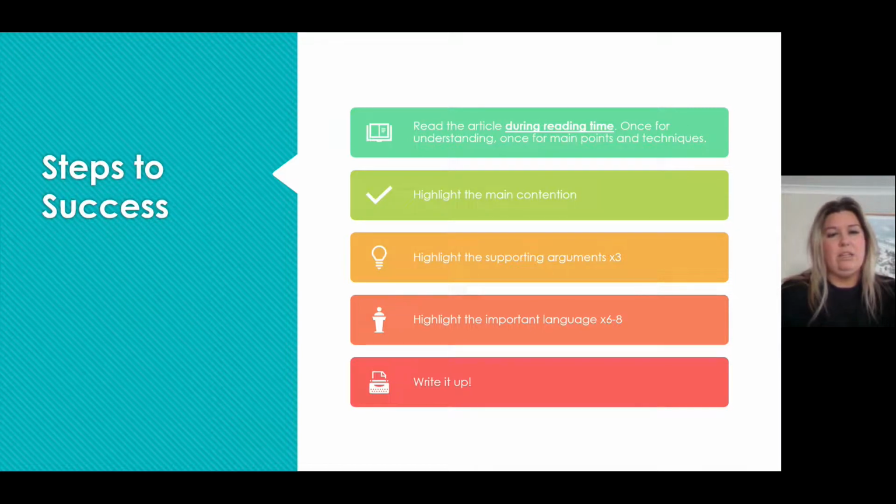But then you also need to look for some important language within those arguments. Where are a number of language strategies that are worthy of consideration and discussion? Once you have those couple of things organised, then you can start writing it up.